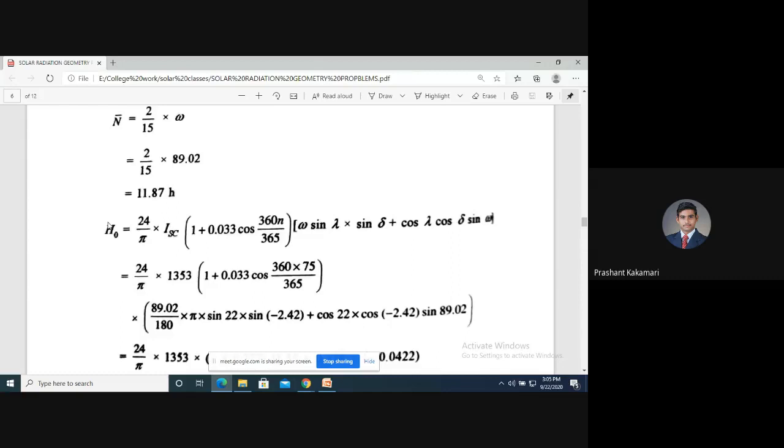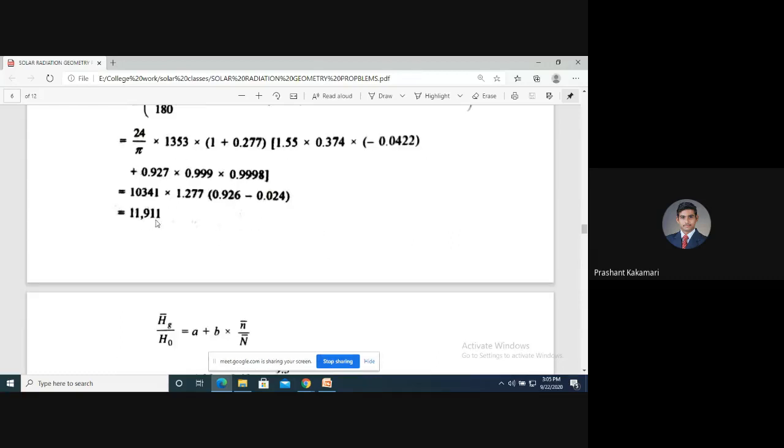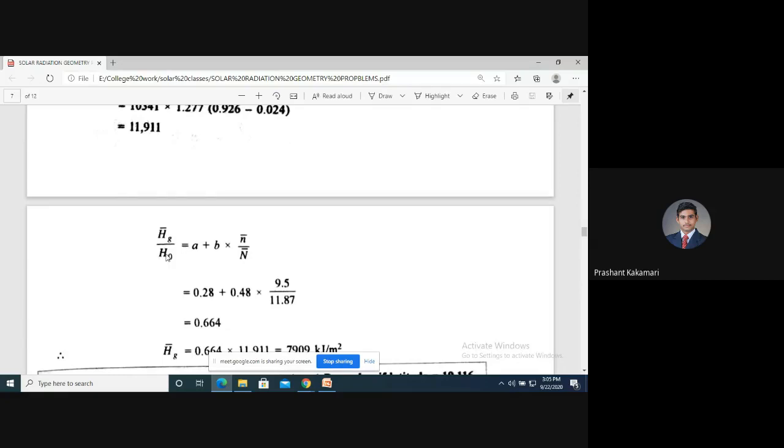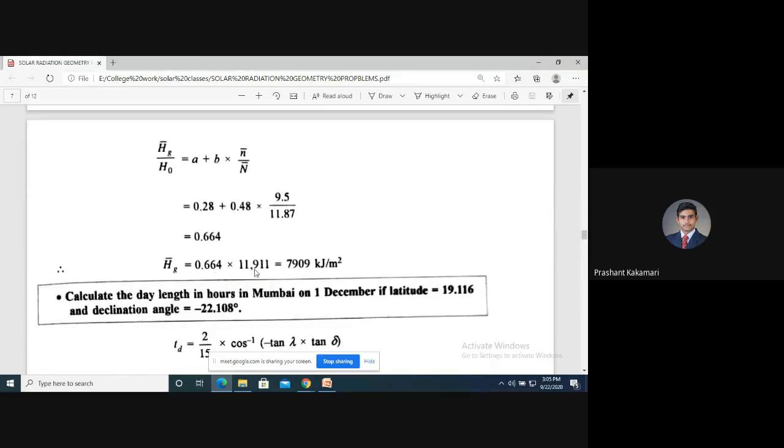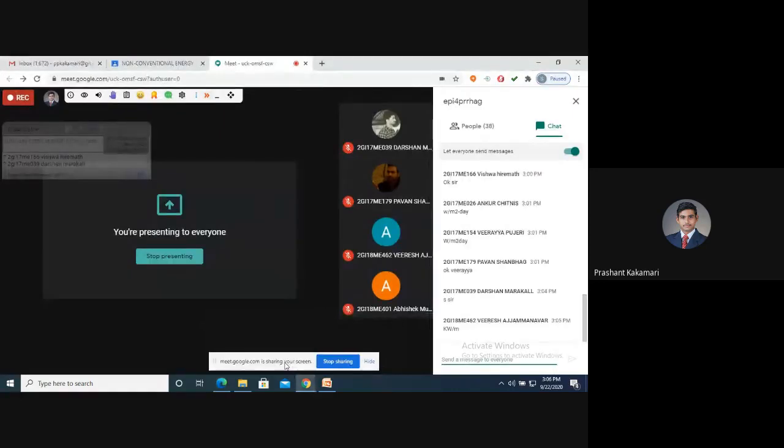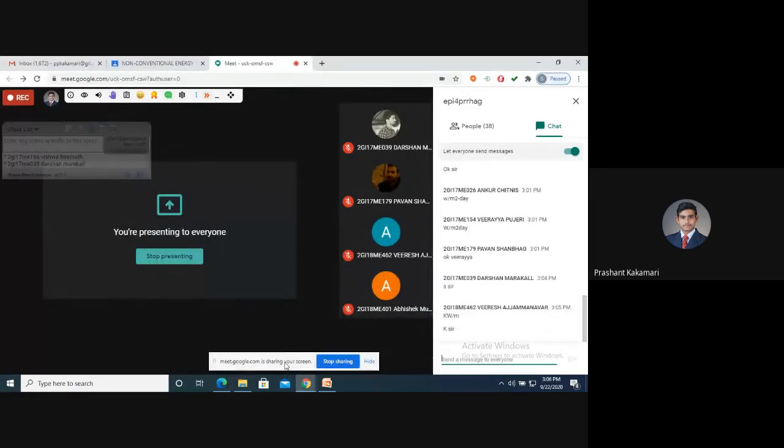For a day, without the hour, I can tell it as watt per meter square day. Then for average H0, I can write it as watt per meter square. Once you multiply, the value should be in watt per meter square only, not kilo. So you need to change this in the solution, as watt per meter square for the given month. Yes or no?